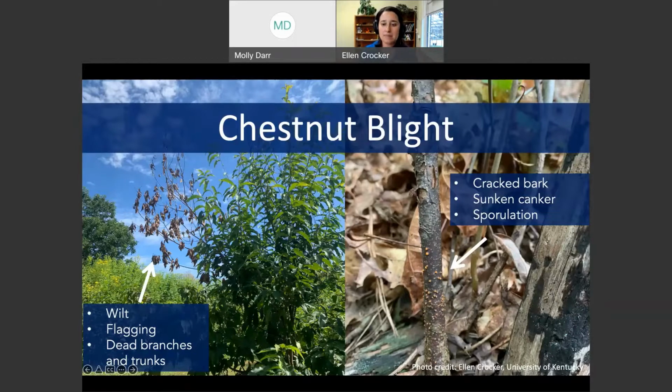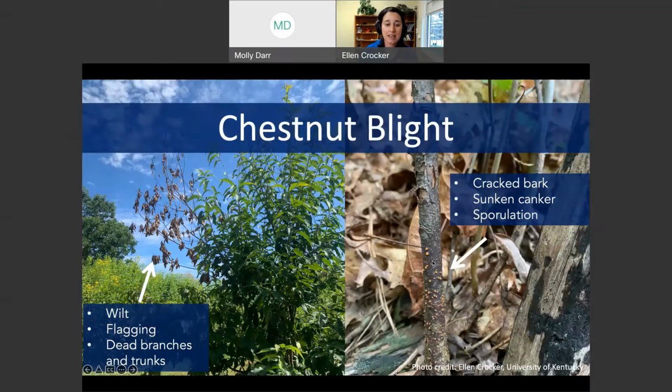And underneath that, or what you might have to look a little bit more closely to see, is these cankers, this cracked bark, sunken cankers here, where it just looks a little sunken, right? It looks like it's kind of sunken away from the rest of the tissue, and maybe even some of this orange sporulation here.